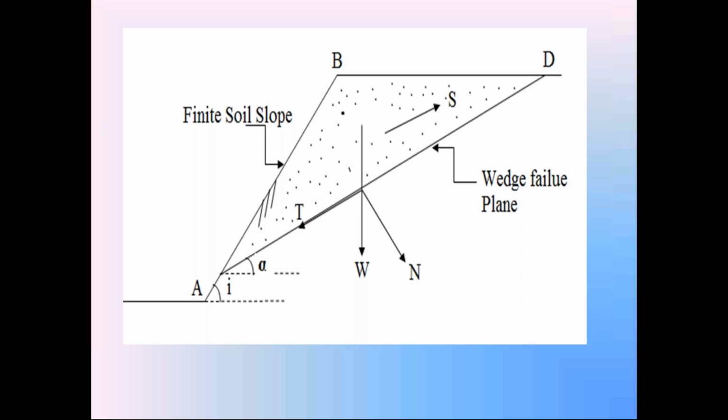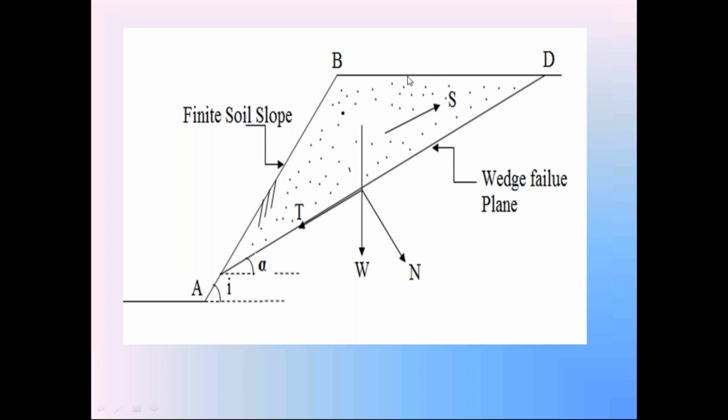By conducting the field experiments, either the standard penetration test, cone penetration test, or the vane shear test, we can find out in the field the cohesion of soil per unit length, small c. So capital C, total cohesion, is equal to small c, cohesion per unit length, into the length of the surface AD.